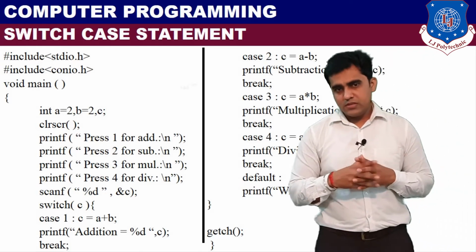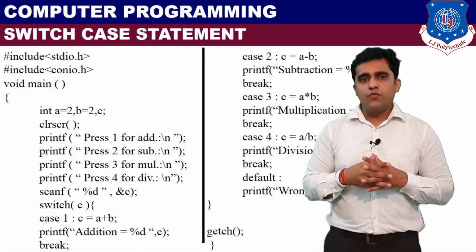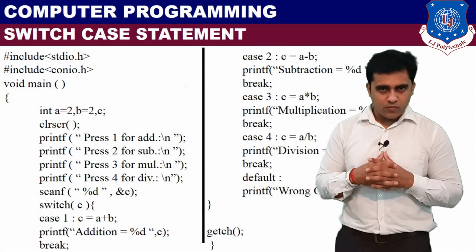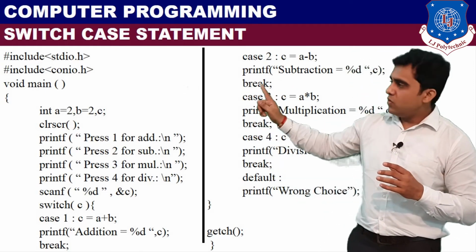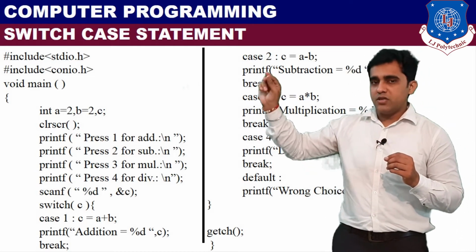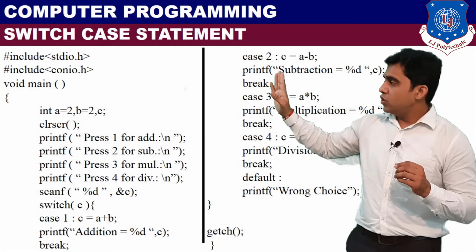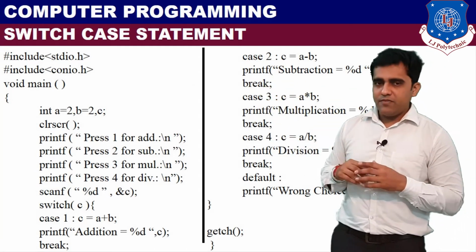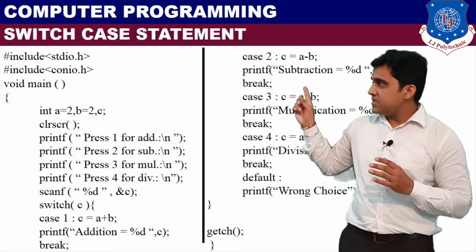Switch and the expression value. Case 1. 1 is our value 1 and we mention 1 is for addition. Case 1 colon. C equals A plus B. Printf addition equals %d, C and break.